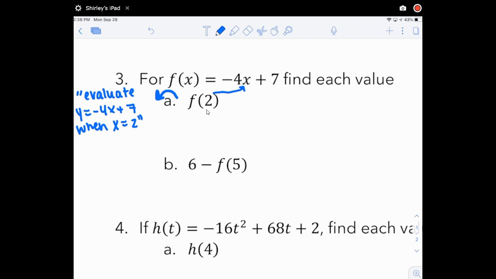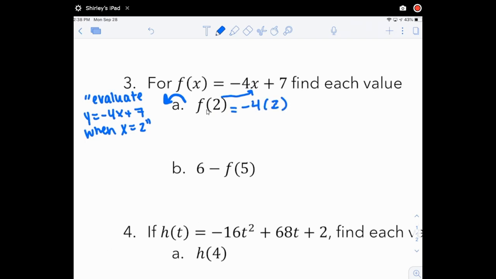So f at 2 is equal to negative 4 times 2 plus 7. So now you're just evaluating order of operations. Multiplication comes first. Negative 4 times 2 is negative 8, plus 7. Negative 8 plus 7, remember your rules: subtract, keep the bigger sign, so I get negative 1.